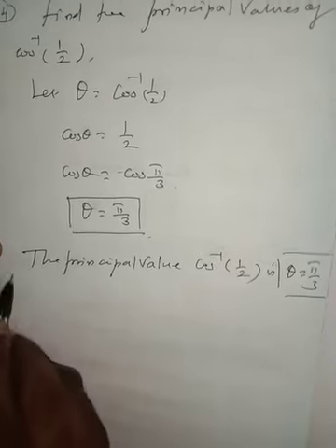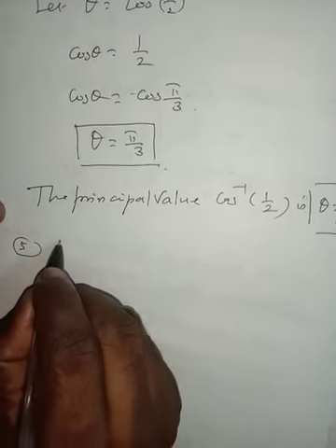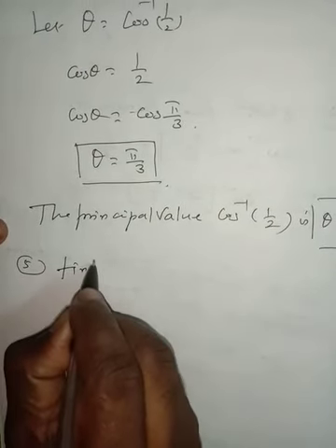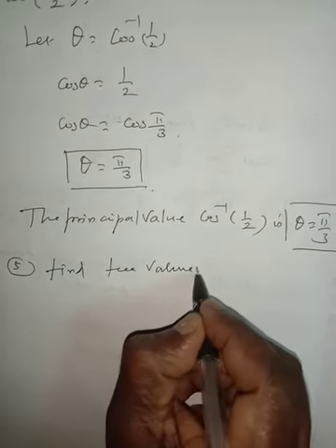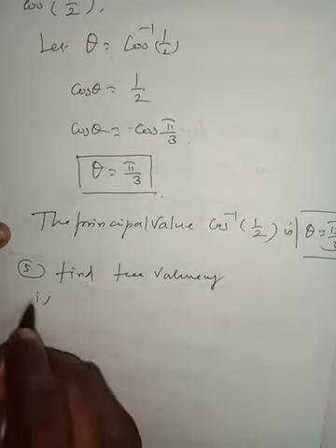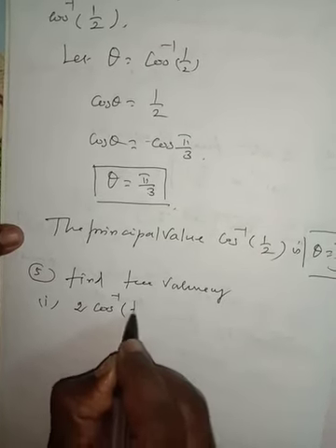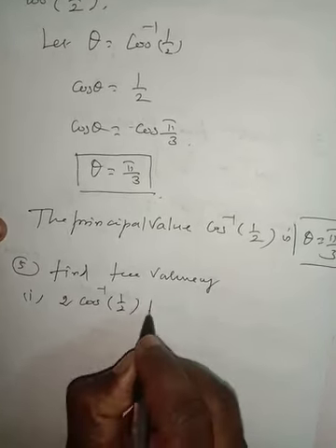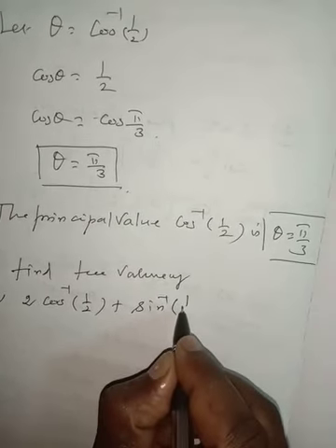Question number 5. Find the value of subdivision number 1: 2 into cos inverse of 1 by 2 plus sin inverse of 1 by 2.